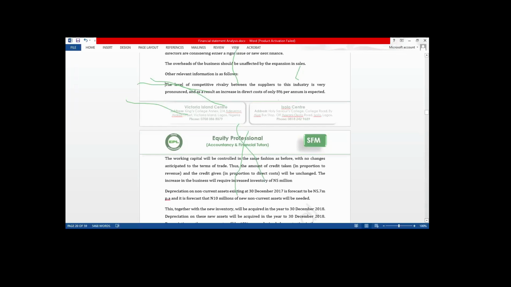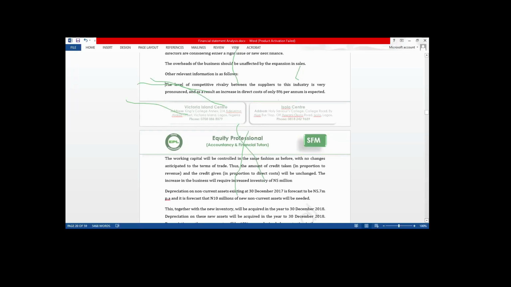That means annual depreciation on existing non-current assets is 5.7 million. And it is forecast that 10 million naira of new non-current assets will be needed.